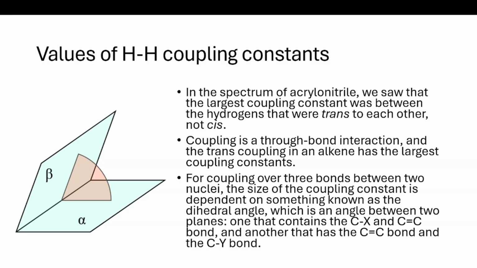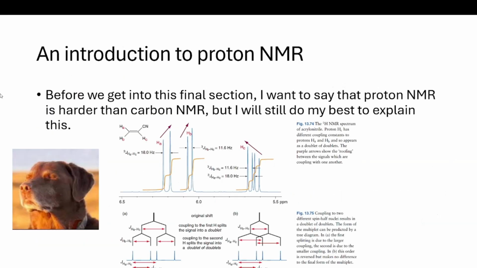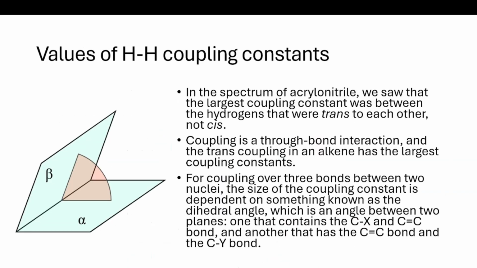Coupling is actually a through-bond interaction, and the trans coupling in the alkene has the largest coupling constants. In fact, if we're coupling over 3 bonds, like we have here with these hydrogen nuclei, the size of the coupling constant is dependent on something known as the dihedral angle, which is an angle between 2 specific planes. Imagine that we have one nucleus of element X and another of element Y.